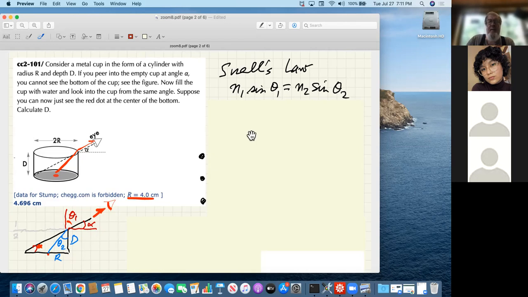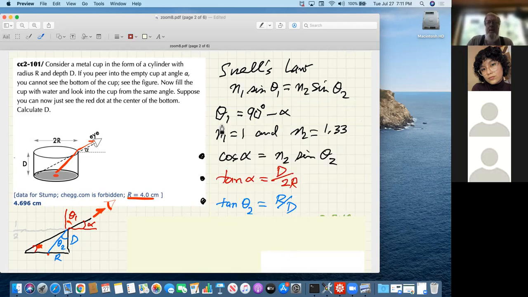So here are the equations we have. N1 sine theta 1 is N2 sine theta 2. Also, theta 1 is 90 minus alpha by this picture. Theta 1 plus alpha is 90, so theta 1 is 90 minus alpha. So let's write Snell's law. N1 is 1, N2 is 1.33.